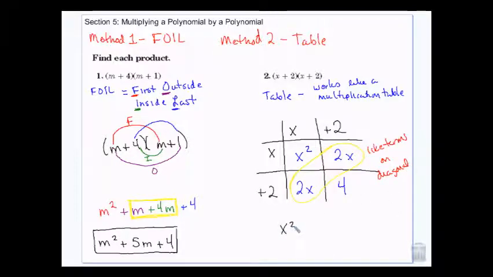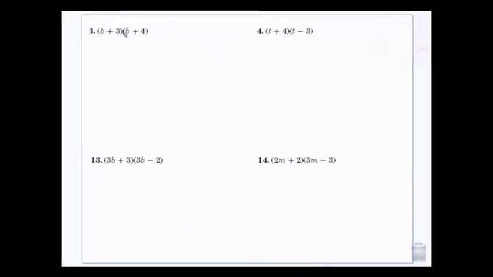So I write x squared, and then I have 2x and 2x. Those are both positive, so it becomes plus 4x, and then a 4. I will do these two FOIL, and I will do these two table, just to keep on the same sides.